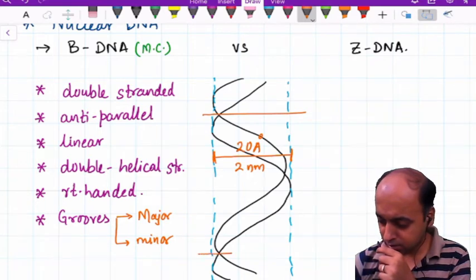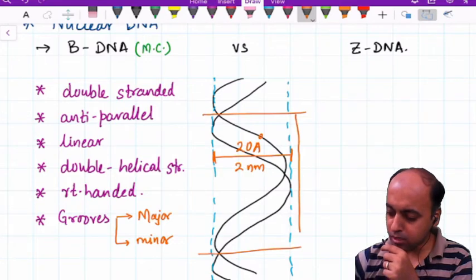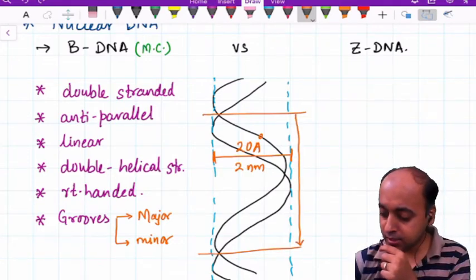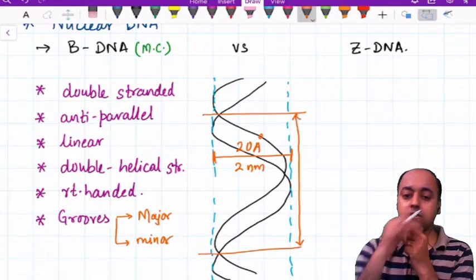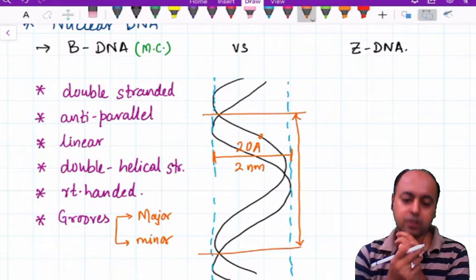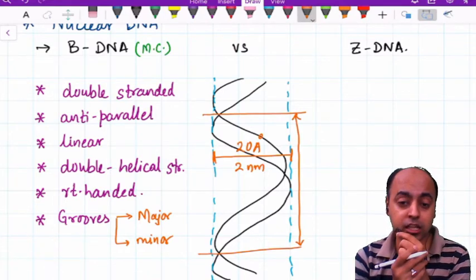what is the distance occupied by one turn of this helical structure? Now this is where some of the books will differ in the information.